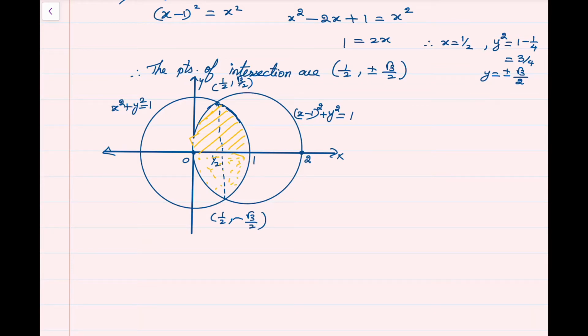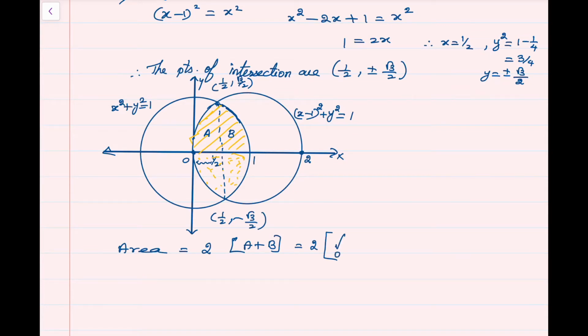You will find one area and multiply it by 2. An integration we are going to do with respect to x axis. Let us take this as area A and this as area B. Therefore, the required area will be 2 times A plus B. 2 times area A is under the first circle and the limits are 0 to half.